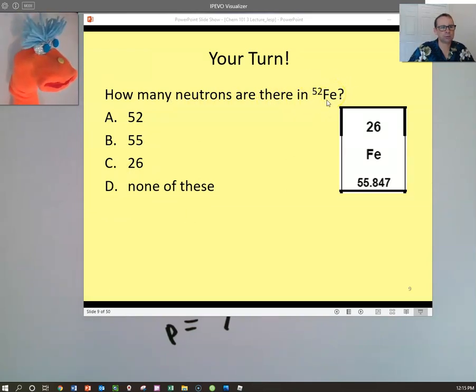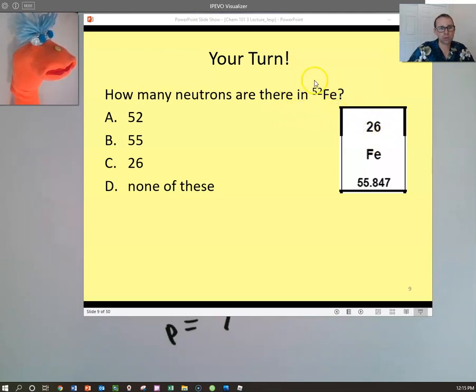Iron 52. Now, what is that 55.847 again? That is the average mass of all the iron atoms. So this is only helpful here because it's showing us again that iron has 26, what is that? Protons. Yeah, 26 protons, okay?